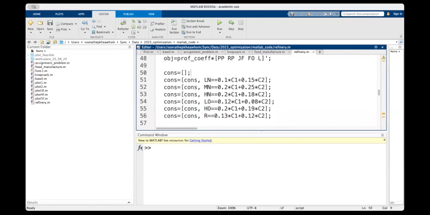We formulate the constraints. You remember this, right? Like naphtha. And here for an equality constraint, always use what is it? Double equal, right? Not a single equal. Okay, it must be double equal to represent the relationship.